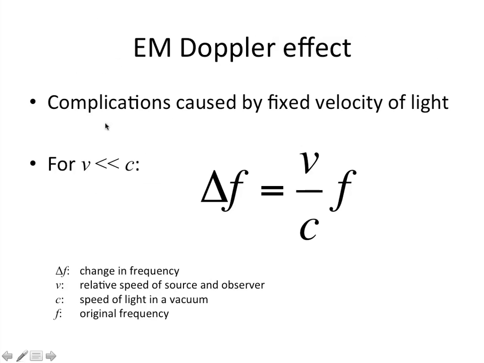For velocities which are much smaller than the speed of light, we can use this approximate form of equation. For velocities that do approach the speed of light, we have to start getting relativistic, but we don't need to go into that level of detail here. So this equation: the change in frequency equals the ratio of the speed of the source to the speed of light, multiplied by the original frequency.